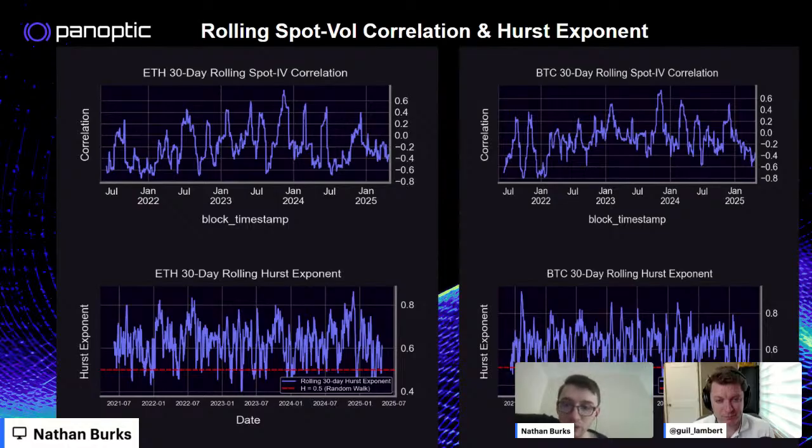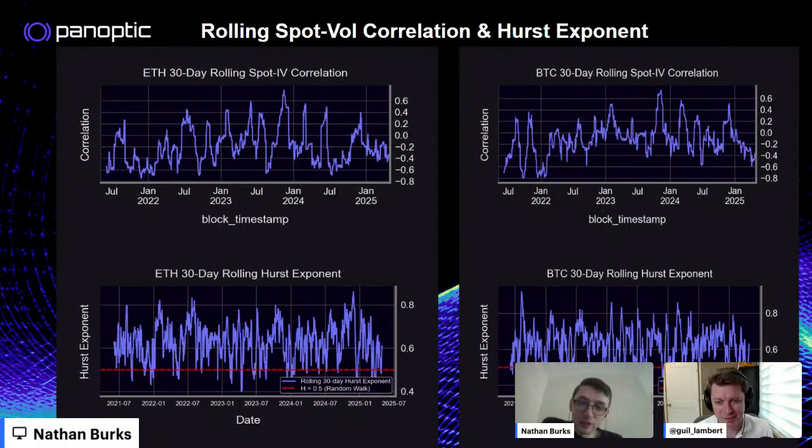And really, what I found was that it's not just about the absolute level of the spot vol correlation. It's about the movement you see around it. As an example, if you look around December 2023, that's the highest peak for the ETH spot vol correlation, but that's not when you saw the highest risk reversal profitability.